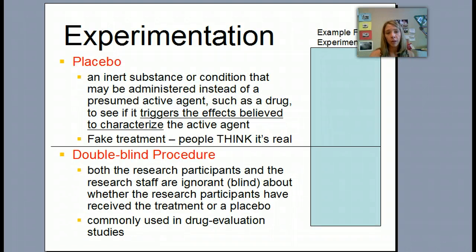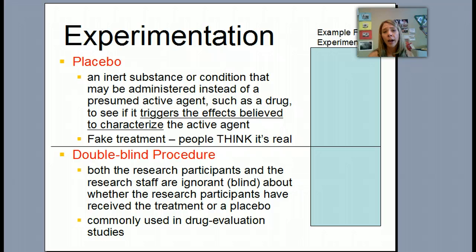Okay, so placebo. We've talked about placebo already, but I'm going to define it here for you. A placebo is a substance or a condition that is administered or given instead of the actual variable. I underlined the key thing here: it is to see if it triggers the effects believed to characterize the active agent. That's super wordy, but what that means is it's a fake treatment.